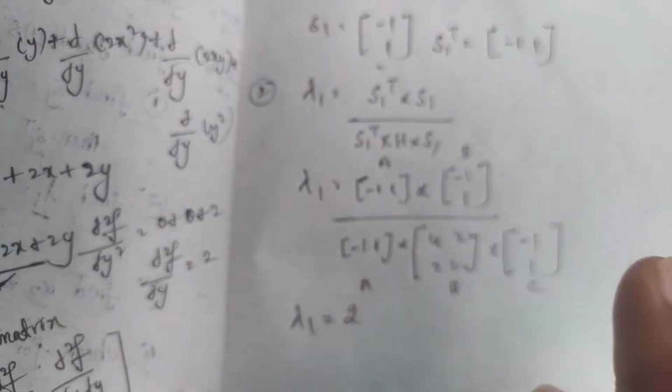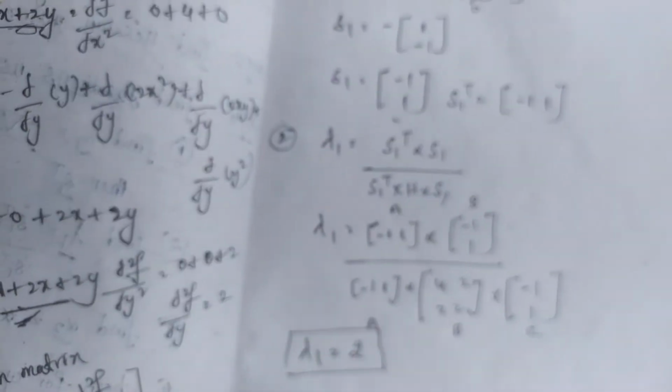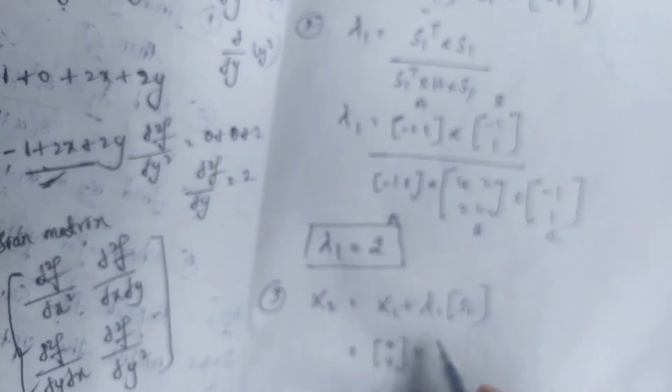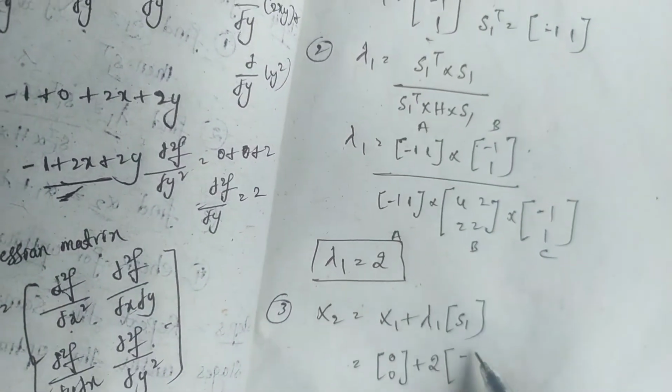By substituting this in the Cauchy formula, we get lambda 1 value is 2. Step 3 procedure: we have to find the x2 value using x1 plus lambda 1 into S1. That means x1 value is 0, 0, plus lambda 1 value is 2 and S1 value is minus 1, 1.